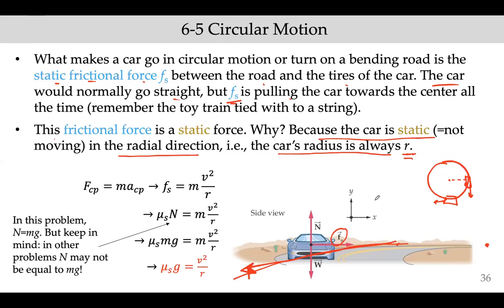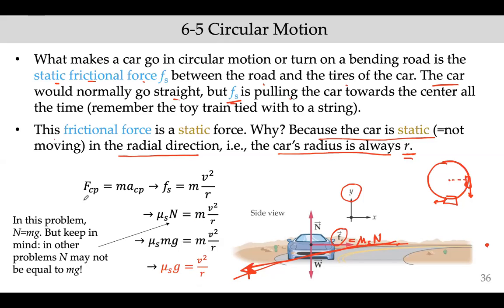Okay, so let's look at the forces on the object. Now, because we have friction force involved here, and you know that to be able to find the friction force, we need mu static times n. And the normal force here is related to the y axis, so we have to also include the y axis.